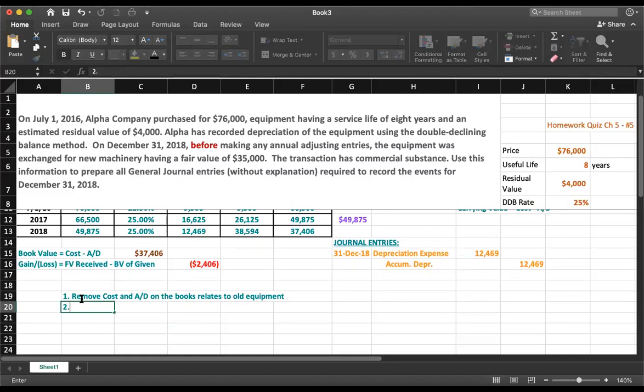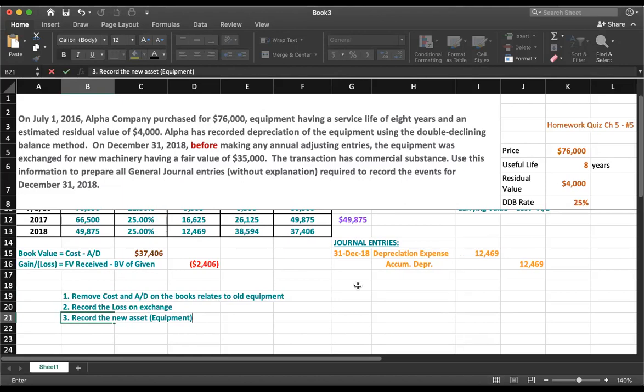And then number 2, we need to record the loss on the exchange. And finally, for number 3, we're going to record the new asset. And this new asset was the equipment.